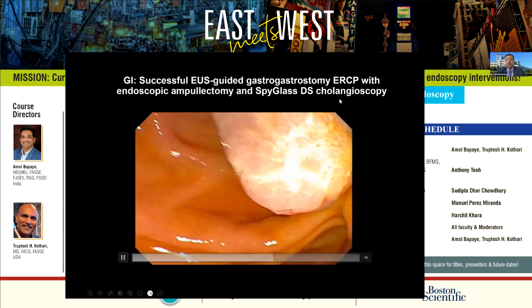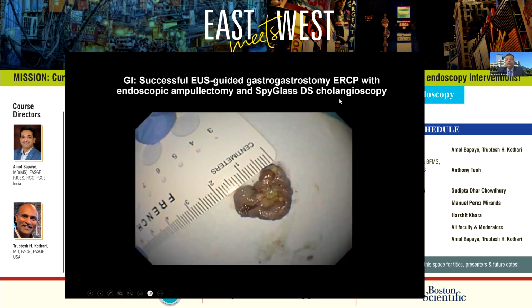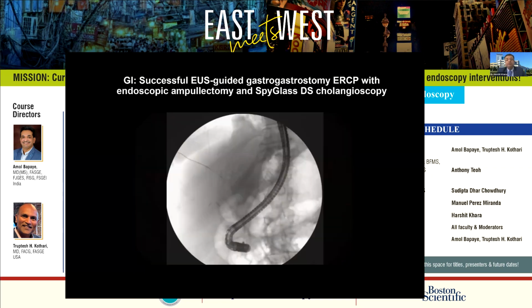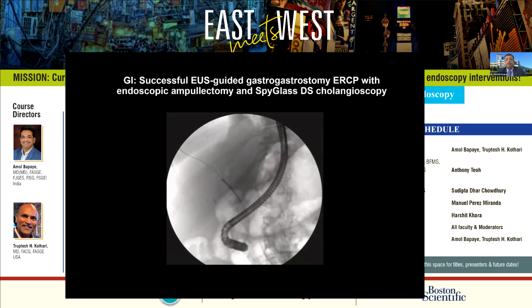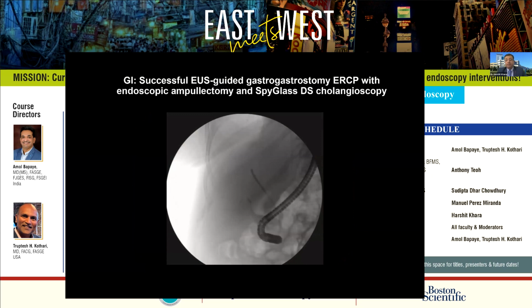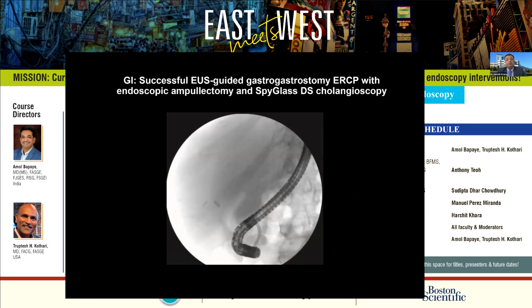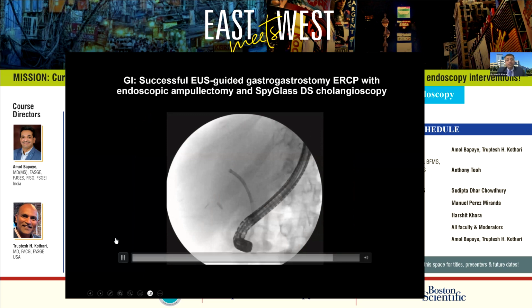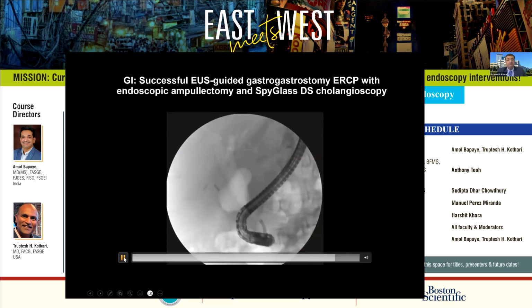And we were able to do an endoscopic ampullectomy, almost a 2-centimeter mass at the ampulla. And then in the same session, we were able to do an intraductal cholangioscopy and rule out any intraductal extension. So this was kind of a therapeutic as well as a staging procedure all in one, where we were able to get rid of the ampullary tumor as well as clear the bile duct of any intraductal extension.